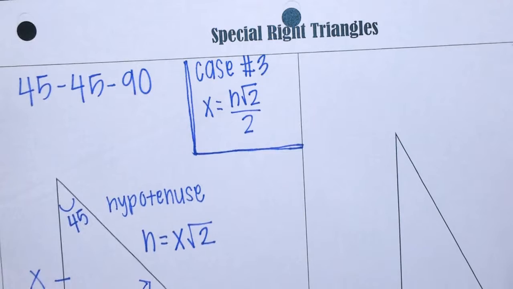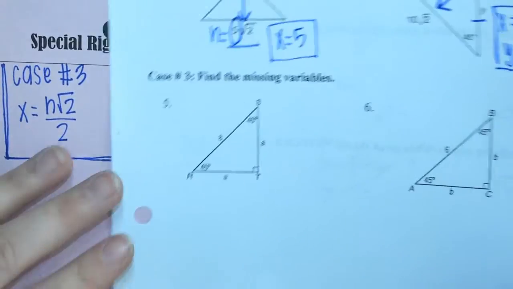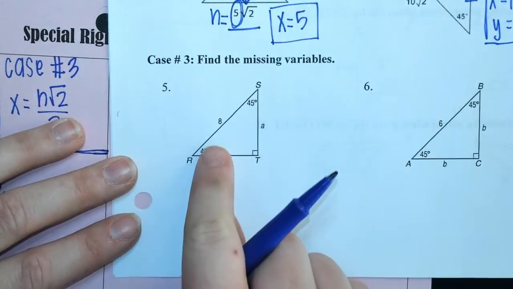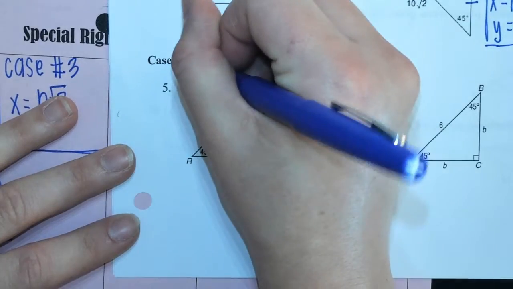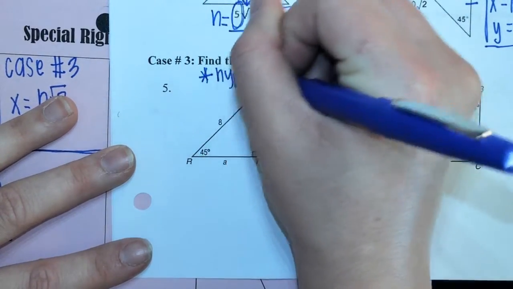Well, what's significant about case number 3? You're given the hypotenuse. So let's put the significance of case number 3. Put a star. We're given the hypotenuse.